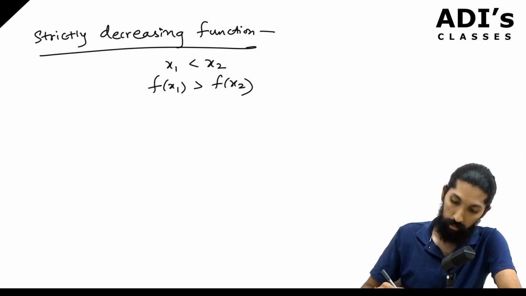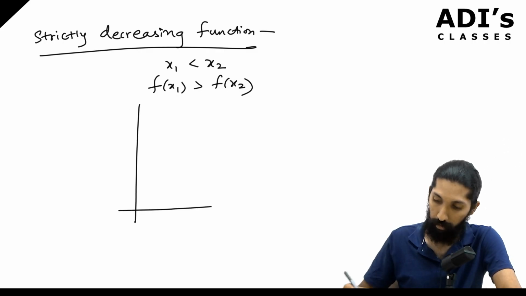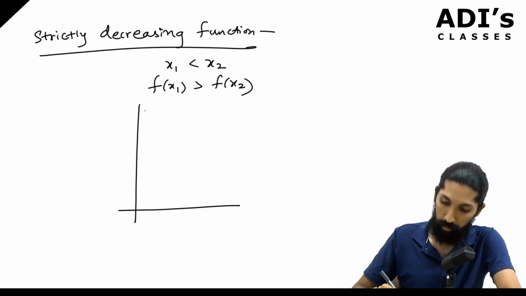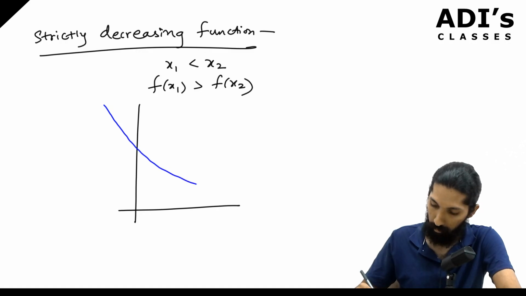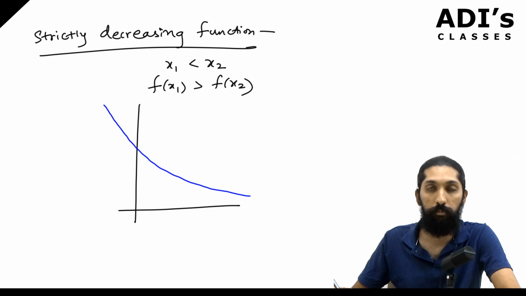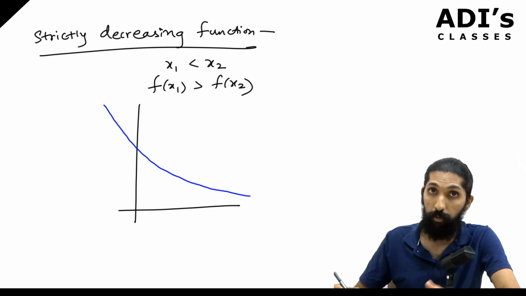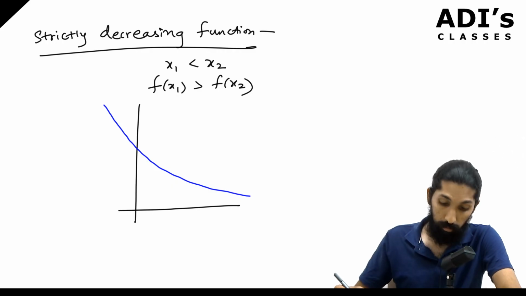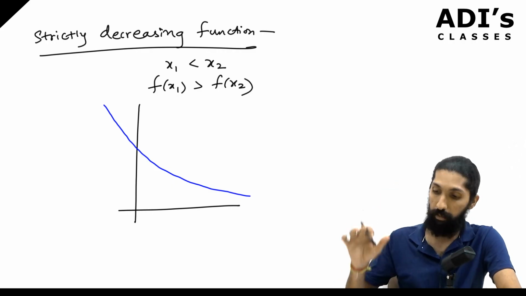Understood? So here we are going to have a graph which is maybe something like this. Fine. Maybe the e power minus x graph. You can think of something like this. So this is a strictly decreasing function.